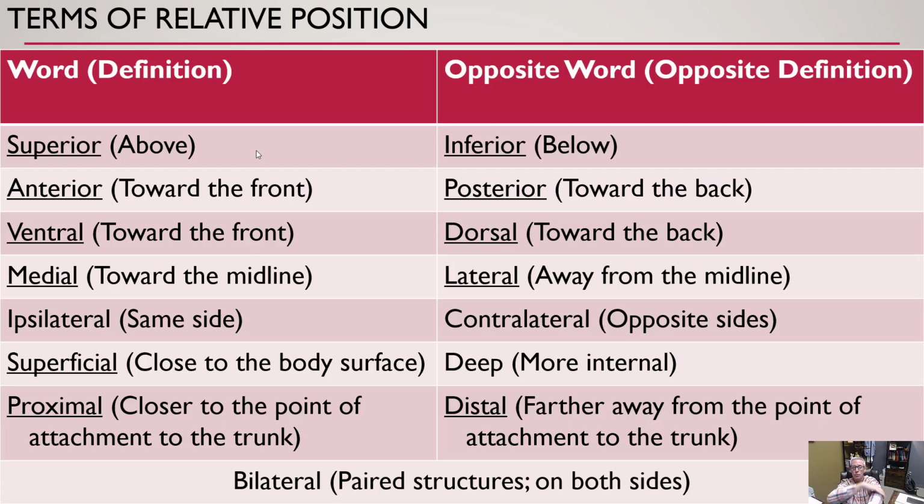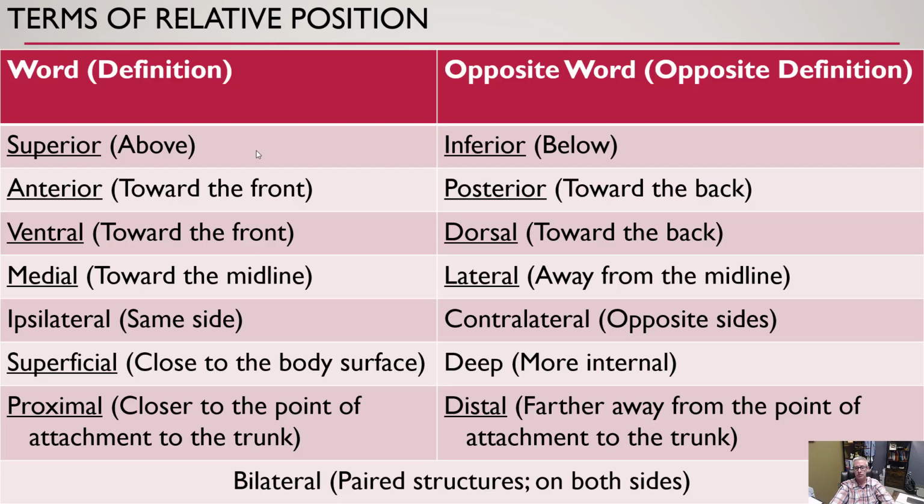Or your wrist is more distal, further away from the point of attachment than your elbow is. Or you could use your leg. Your knee is proximal to your ankle. Your knee is closer to the point of attachment, your hip, than your ankle is. Or your ankle is distal to your knee. Your ankle is further away from the point of attachment, your hip, than your knee is.